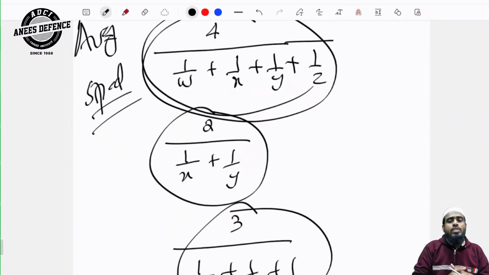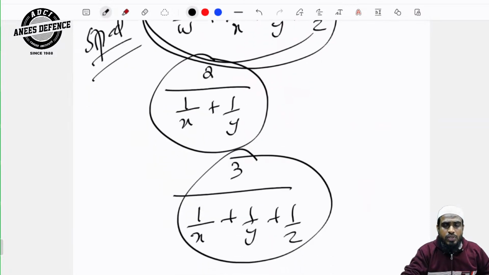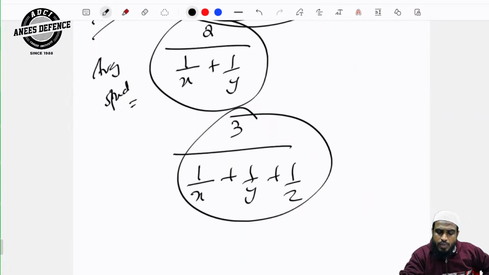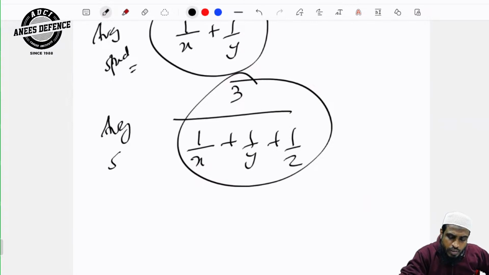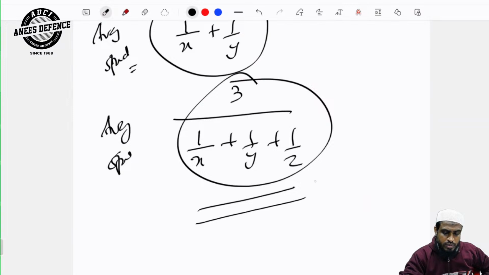If two equal distances are traveled with two different velocities, then average speed is equal to 2 by 1 by x plus 1 by y. If three equal distances are traveled with three different velocities, then average speed can be represented as 3 by 1 by x plus 1 by y plus 1 by z.